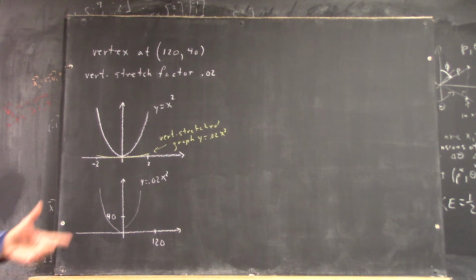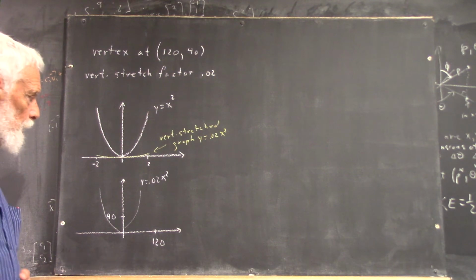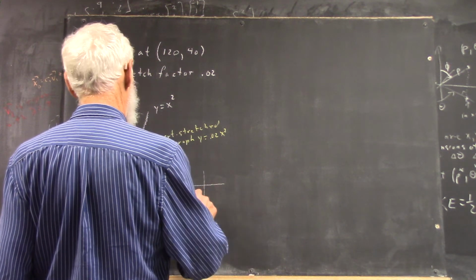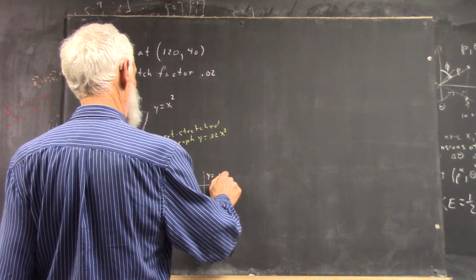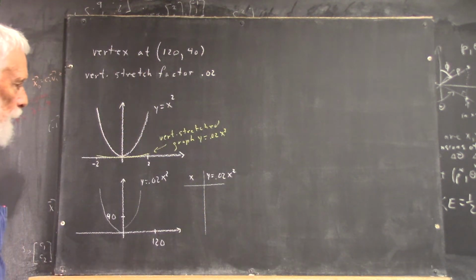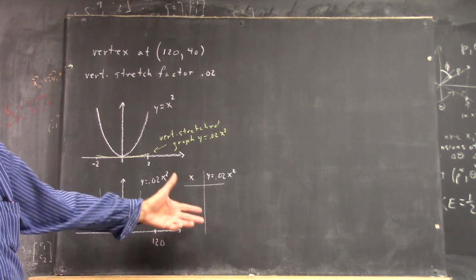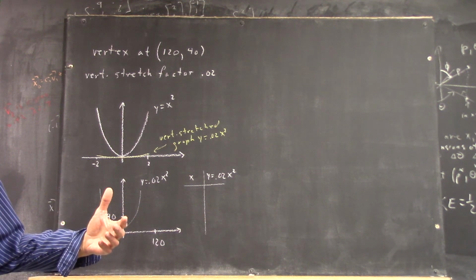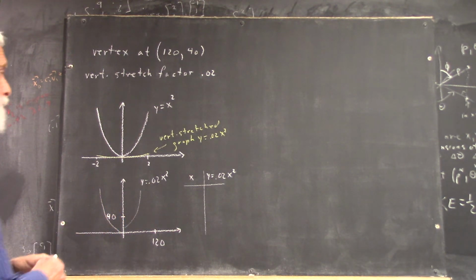So what we might do is pick a few x's. Like maybe 100 might be too big, might not be. Okay? So let's just do that.